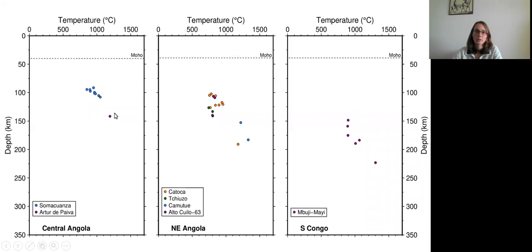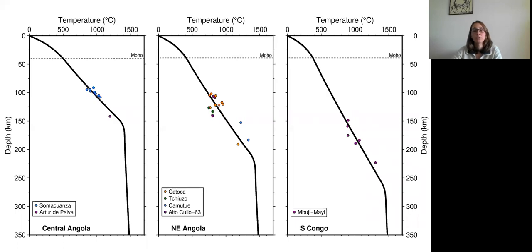So these circles here are the pressures and temperatures estimated from the xenoliths, xenocrysts technically. And you can use these to fit geotherms to these regions. And this kink in the thermal profile tells you roughly where the lithosphere ends, where the asthenosphere starts.